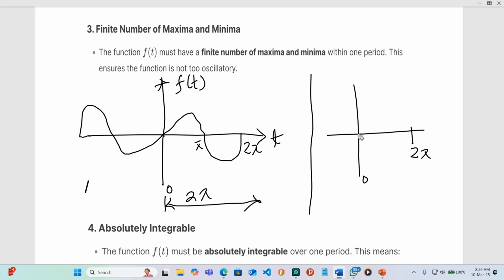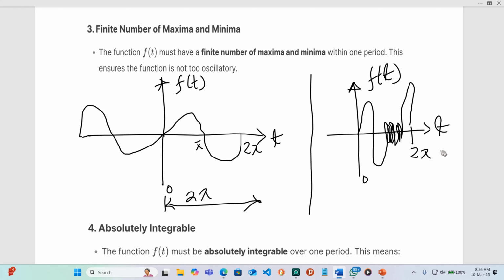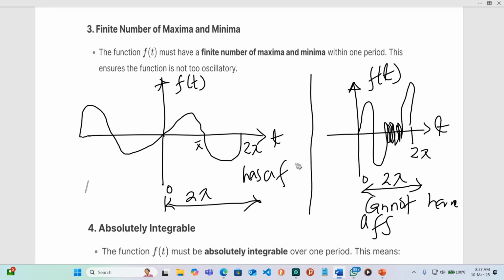Then you have a function like this. This is T. Here you have an infinite number of maxima and minima. You cannot even count the number of minimum points and the number of maximum points. If that is not possible, then you cannot have a Fourier series. This one can have a Fourier series. That's what we're talking about.